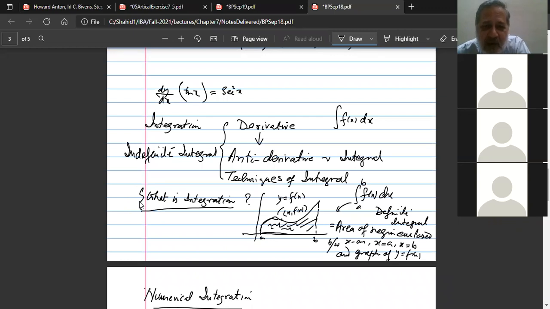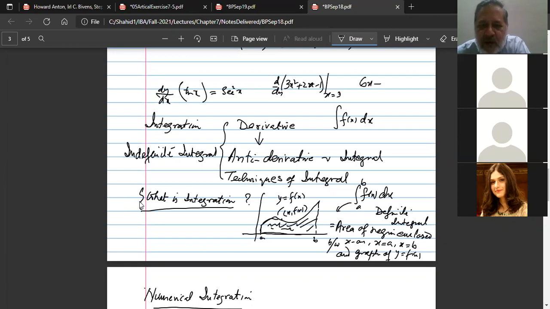But at times मेरे पास होता है कि 3x square plus 2x minus 1 का डेरिवेटिव निकालो at x is equal to 3. Then I take the derivative 6x plus 2 and then replace x by 3, and then the result is 20.